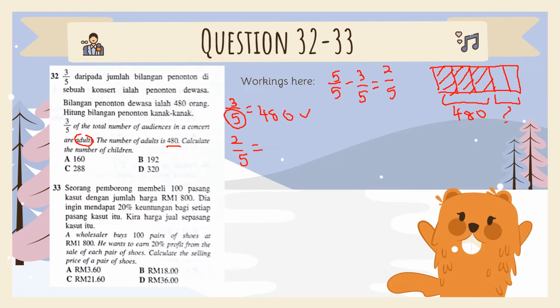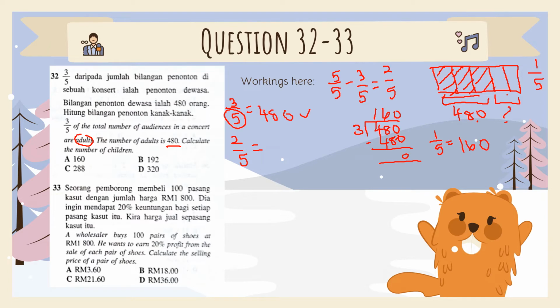In order to find 2 over 5 children, we find 1 over 5 first. To find 1 over 5, 480 divided by 3, as there are 3 areas shaded. So we will get 160. So we know that 1 over 5 equals 160.